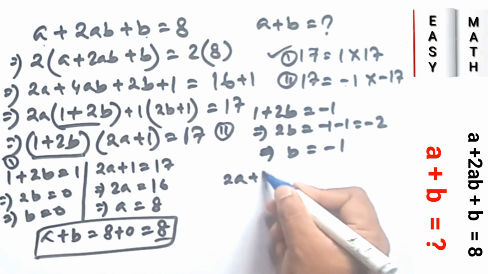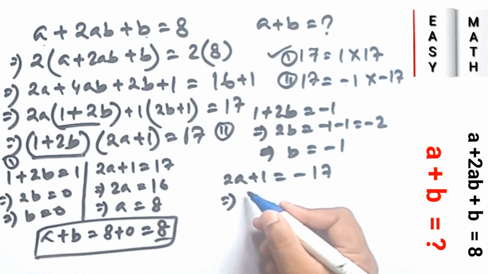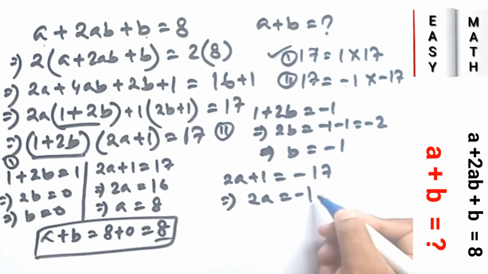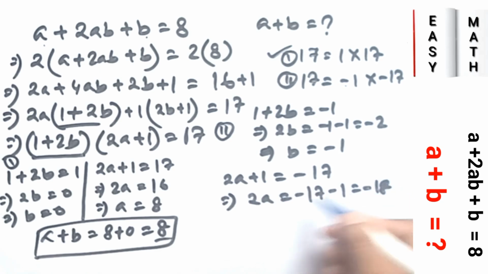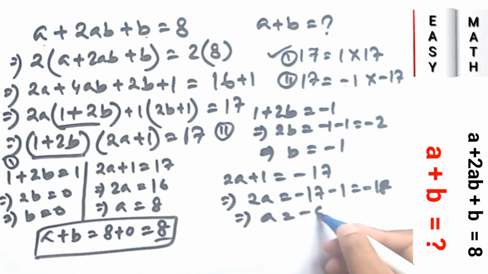And 2a plus 1 is equal to minus 17, so 2a is equal to minus 17 minus 1, so this is minus 18, and so a value is minus 9.